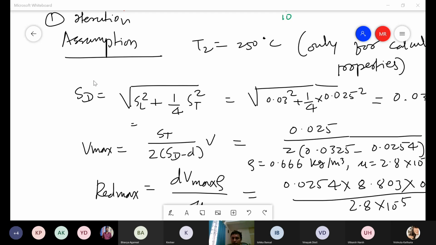So what is the correction? What is the doubt here, Vishruta? I'll just share yours.